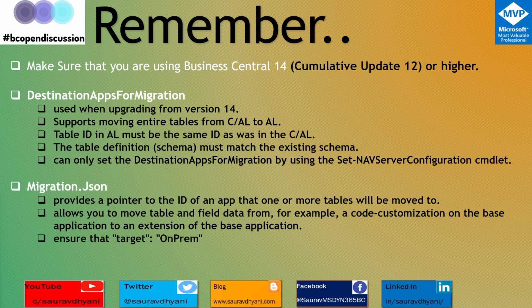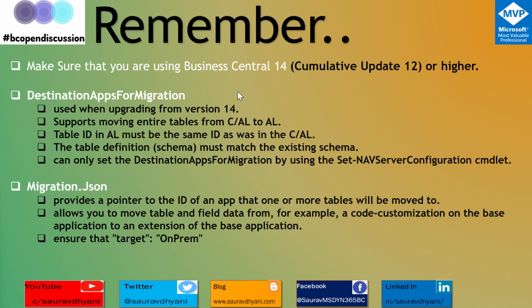And this is pretty obvious, the table definition, which is the schema, meaning the field IDs, the field names, and the data type and length of those fields, should match CAL. The only way to set this migration property is by using Set-NAVConfiguration, and we'll see how to use it. So for all your new tables, this is what helps you migrate from CAL to AL, which is destination app for migration.